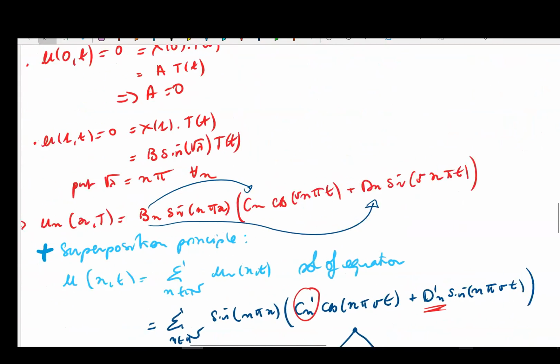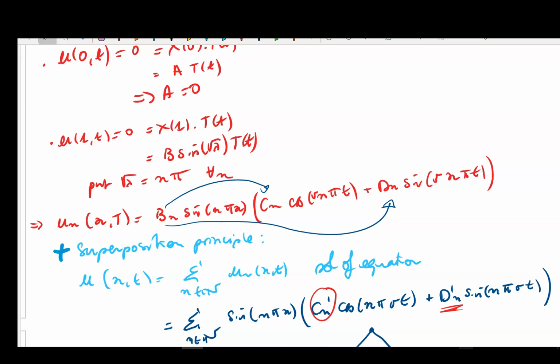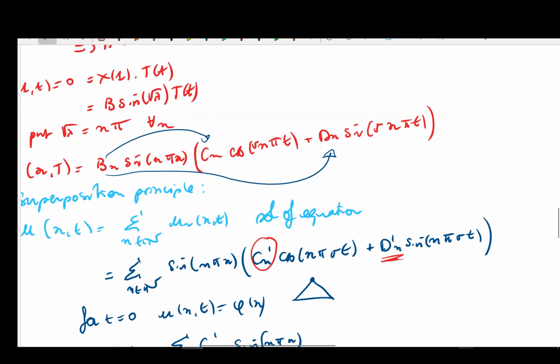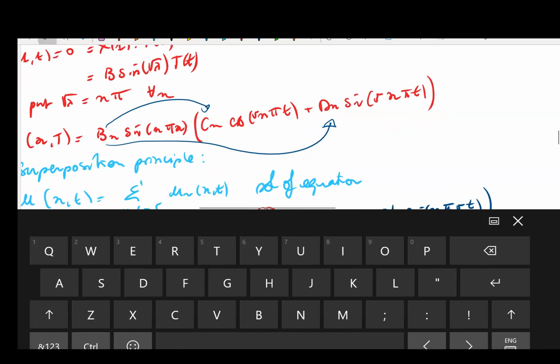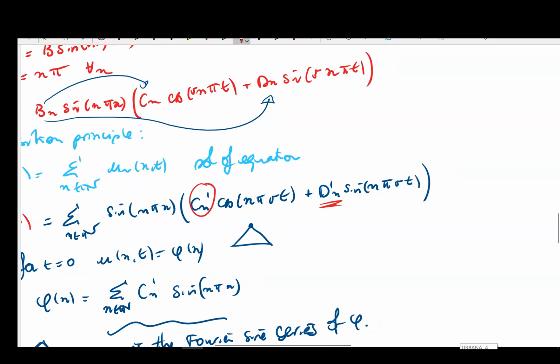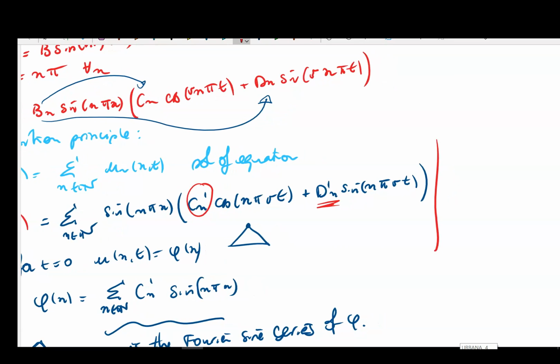So my fourth initial, well, boundary condition, well, initial condition, tells me that I should differentiate that with respect to t. Okay, so sorry, my last expression, this one, u of x,t, this is the one. So we should differentiate that with respect to t.